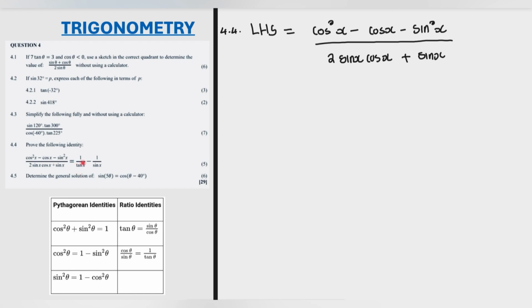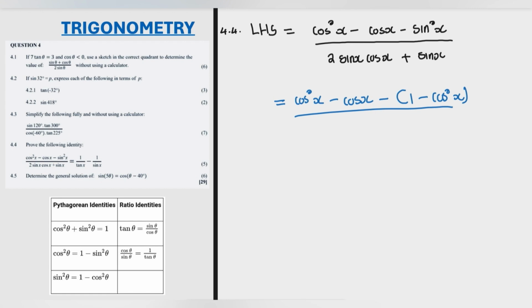So now we're going to simplify to say that we have cos square x minus cos of x minus 1 minus cos square x, all divided by, let's see what we can change at the bottom. At the bottom, we cannot change anything for now, but what we can do is factor out. We can factor out sine, because sine is a common factor.